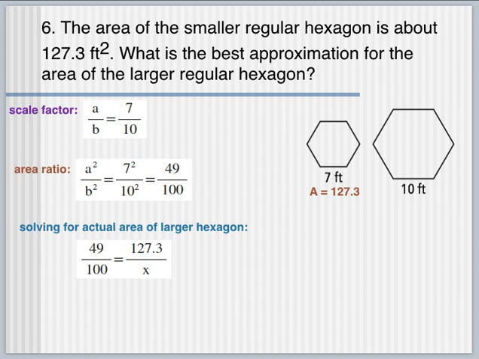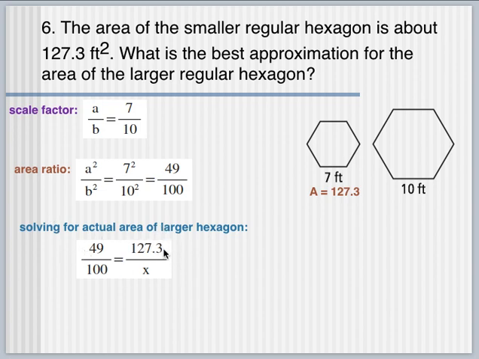And you can use that fact to make an equation. I would start with your area ratio, 49 over 100, and then I'd figure out whether 127.3 would have to simplify to be the 49 or the 100 when I simplified my actual area ratio. Because 127.3 is the area of the smaller shape, it would have to simplify to be the smaller of the two numbers.